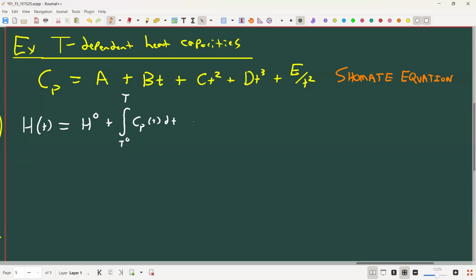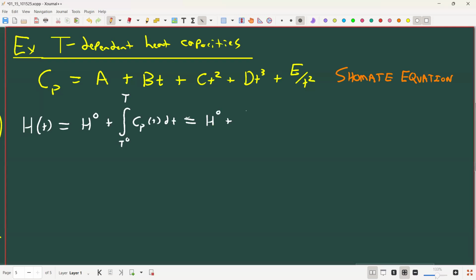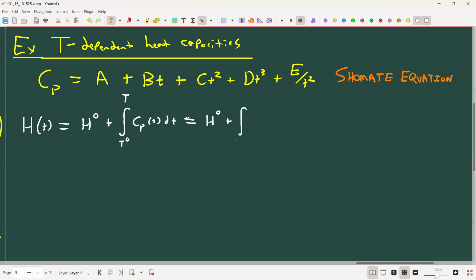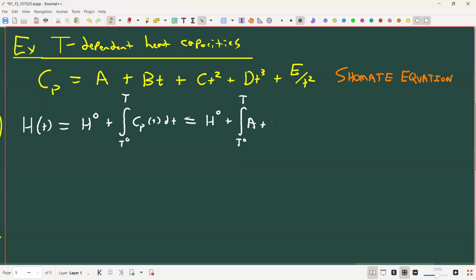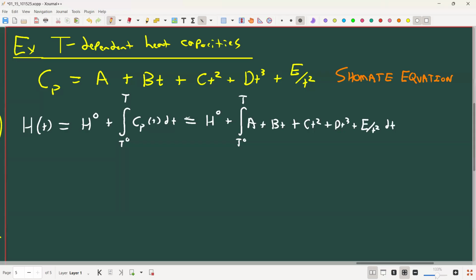So all we have to do is plug in our equation for the heat capacity, right? So this is H naught plus the integral from T naught to T of A plus BT plus CT squared plus DT cubed plus E over T squared dT. Well, this is about the easiest integral you'll ever calculate.